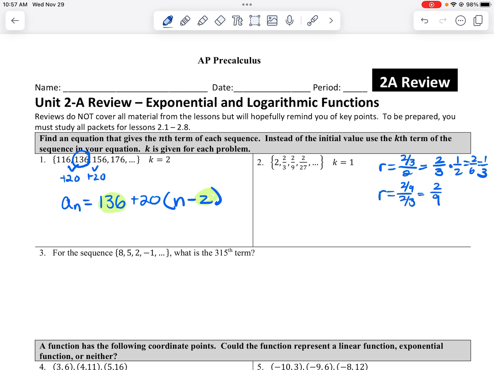So that would be 2/9 times 3 over 2. So 3 over 9 or 1/3. So our ratio is 1/3. And we need to use our first term. Okay, so g sub n, since it's geometric, 2 times 1/3 to the n minus 1. Because again, that first term, so I have my 2 and my 1.